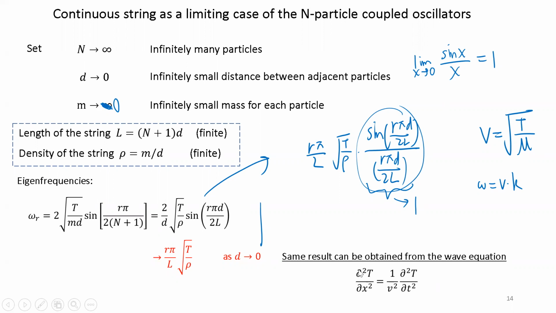Not sure if you have learned that before, but you will, I think. When you derive the wave equation, this v squared will be given by this. If you want to see how the wave equation is derived, which is not included in this course, you can go to the textbook, not the chapter on coupled oscillators, but the chapter on continuous wave systems.